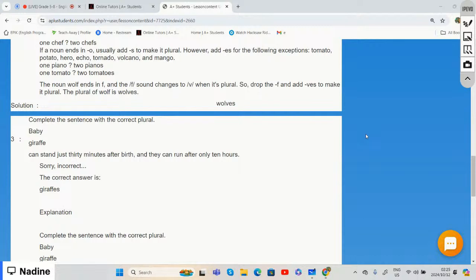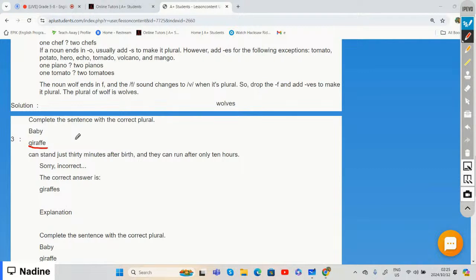If we were to choose the correct form, we would say the plural form of giraffe is giraffes. All we do is add an s to show the plural form of giraffe.